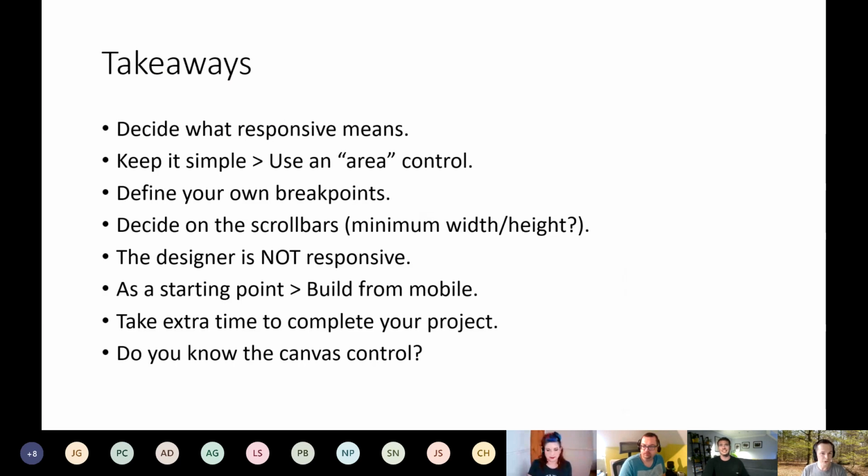I have some takeaways also for when you are getting started, or you want to get involved in responsive canvas apps. So decide what responsiveness means for you. So don't change all the font sizes, etc. Just use fixed area controls. And that's what I mean with the second takeaway. Keep it simple.